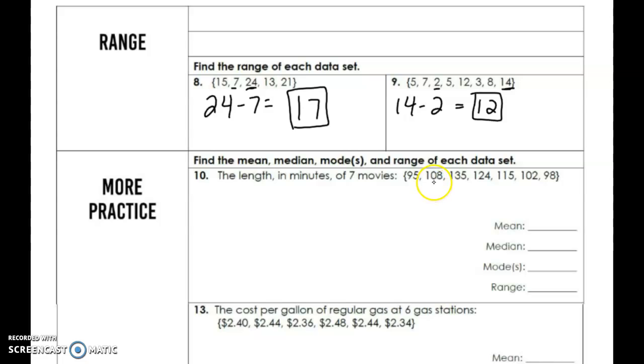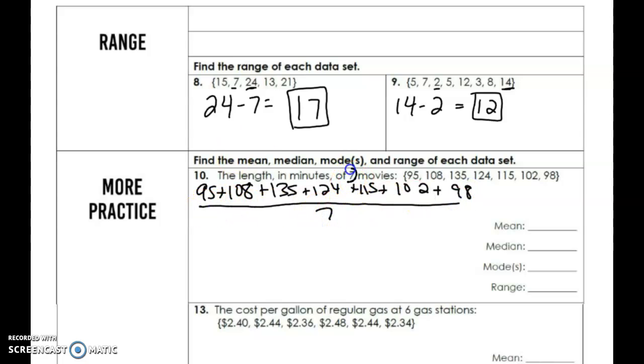So first of all, for the mean, we're going to add up all these numbers. 95 plus 108 plus 135 plus 124 plus 115 plus 102 plus 98, and then sometimes there's a keyword in there that you don't actually have to count the numbers. 7 movies. So we end up getting 777 divided by 7 is 111. So the movies are averaging 111 minutes, which is almost 2 hours.